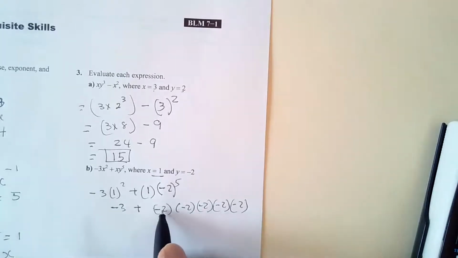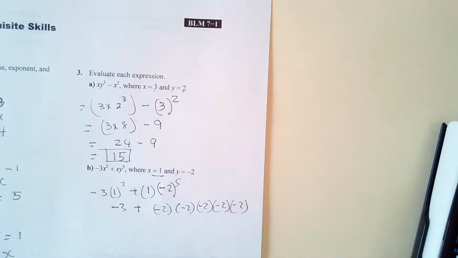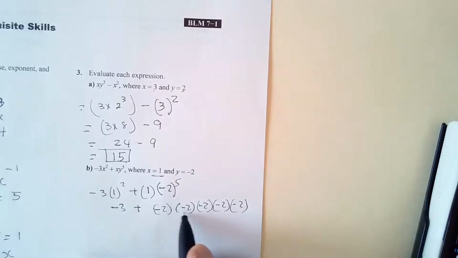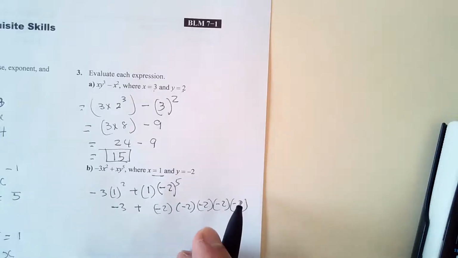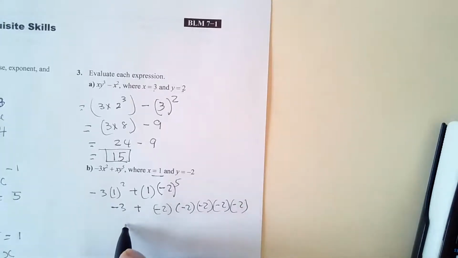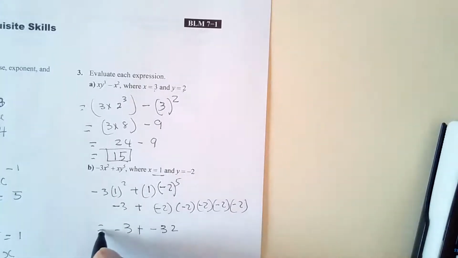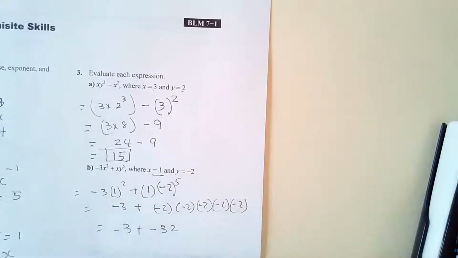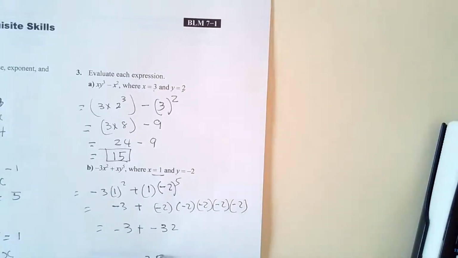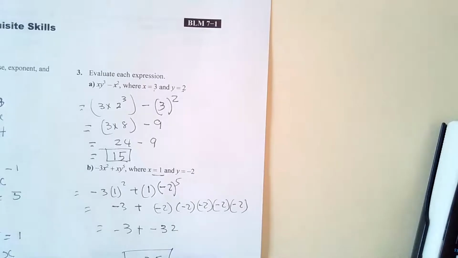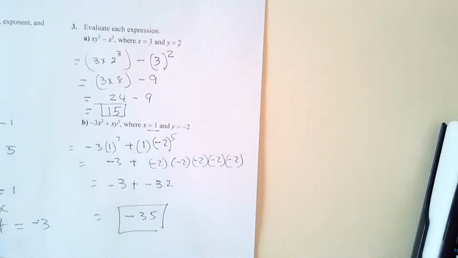Now, because it's an odd number multiplication, our rule says that your result should be negative. So we have negative 3 plus negative 32, negative 35. This is the result.